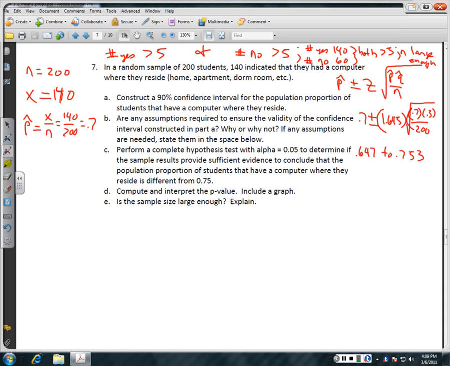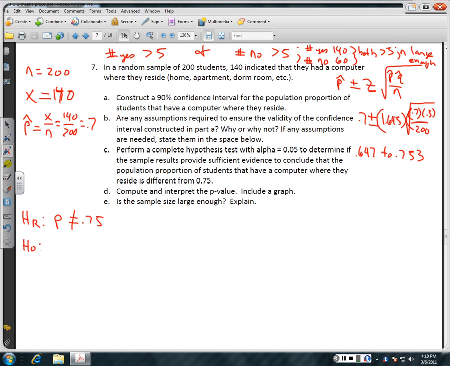So part C, we have a hypothesis test. We want to know if we can conclude that the population proportion is different from, or not equal to, 0.75.